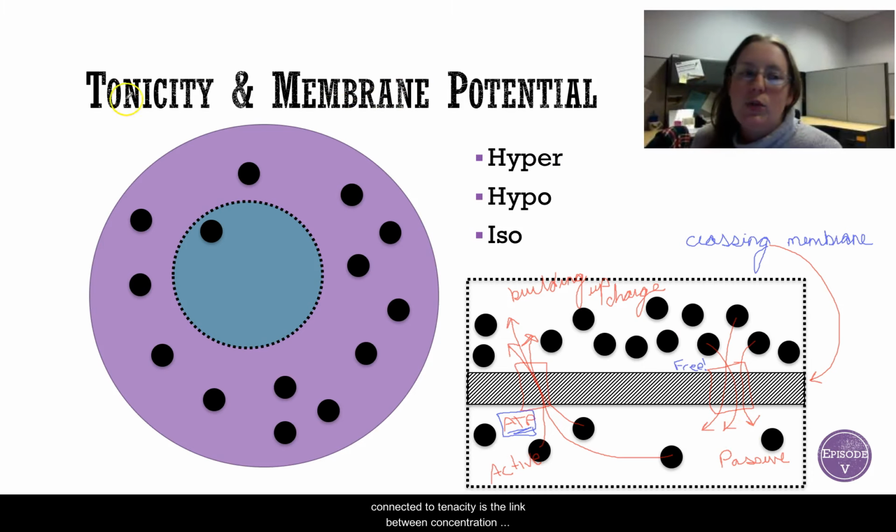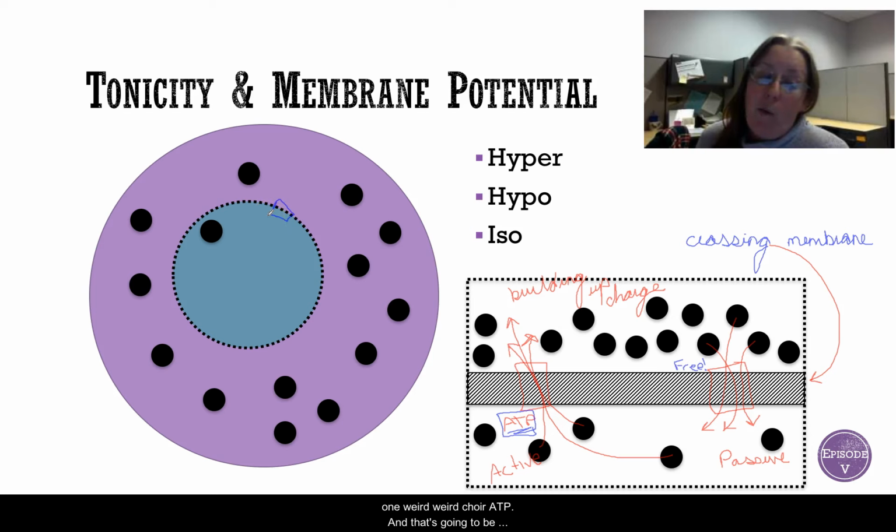How this is connected to tonicity is the link between concentration and membrane potential. So if you were to consider this cell here with its own little cell membrane, its low concentration inside, what we have is the same relationship that I was just illustrating. You could have in this cell membrane both active and passive transport locations. And let's make this blue one here our active transport.